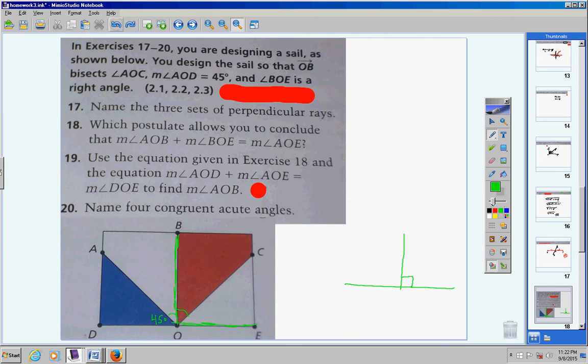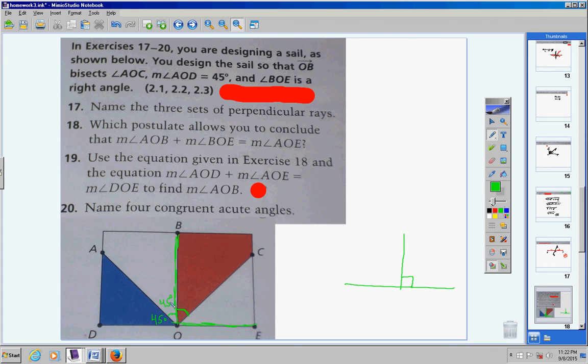Now, please watch this carefully. If this angle right here is a right angle, and this angle right here is 45 degrees, then this angle here must also be what? 45 degrees, because these two angles together are supposed to add up to 90. Okay? Now, remember at the very beginning I said this angle right here is congruent to this angle here.